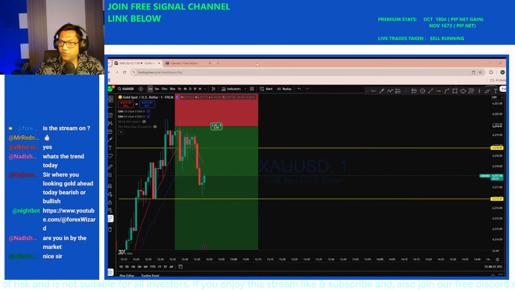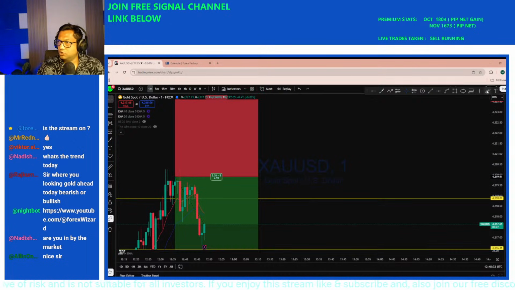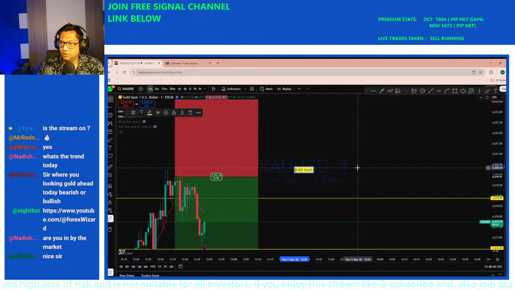So it's now a risk-free trade. So I moved the stop loss. My stop loss is here now. So it's a risk-free trade and the majority of the profit is taken.